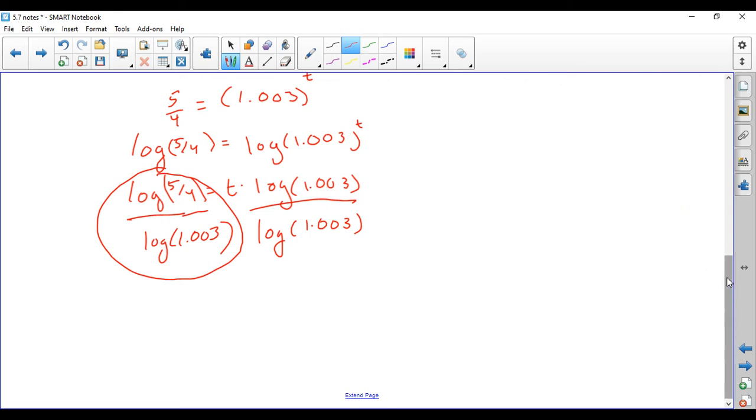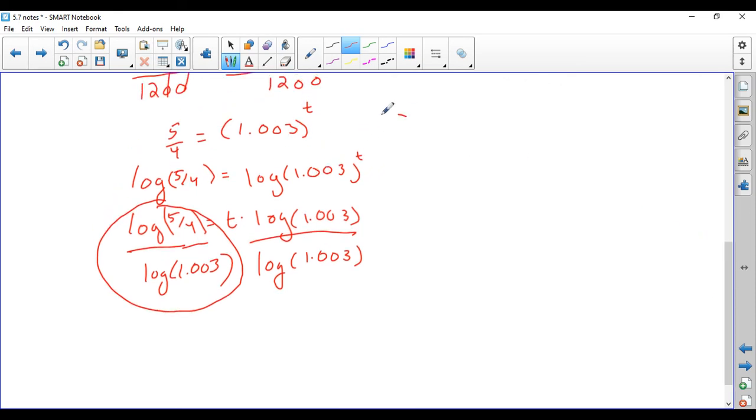Or back here where we had the exponential equation, you can change that to log form. Log base 1.003 of 5/4 equals t. And then you can put that in your calculator. Either way, when you solve this one, let's go to the nearest hundredth, you should get 7.54 years.